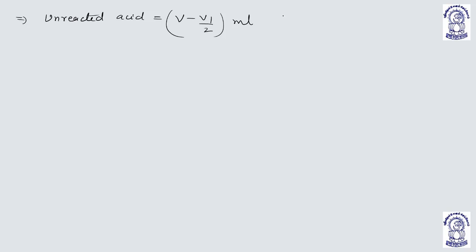This unreacted amount gives double the amount of ammonia. Because the reaction is just in front of us, 2 moles of ammonia we are getting from 1 mole equivalent of H2SO4. So volume of ammonia evolved is 2 into V minus V1 by 2. Understood?